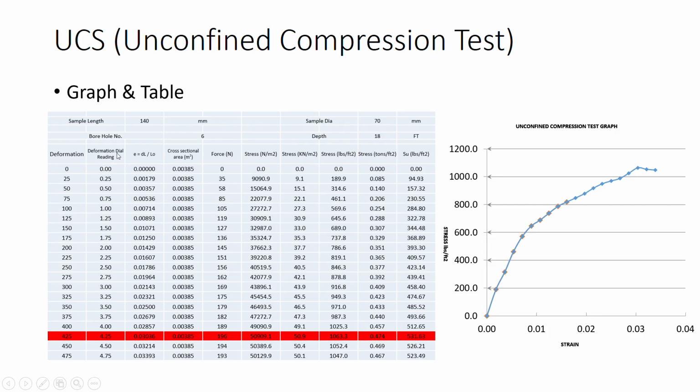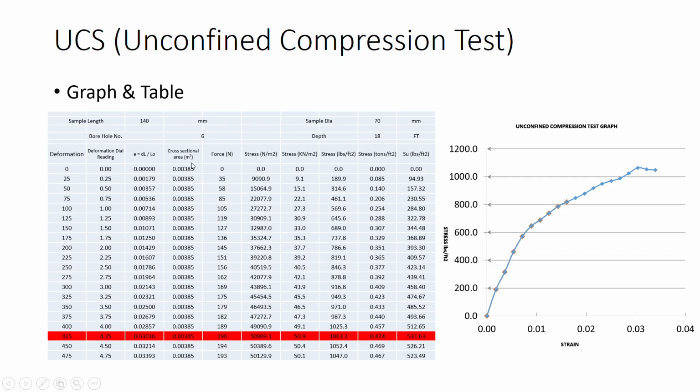This is the deformation dial reading, which can be found by multiplying the least count with the deformation values. This is the strain, achieved by dividing the deformation dial gauge reading by the original length of the sample.